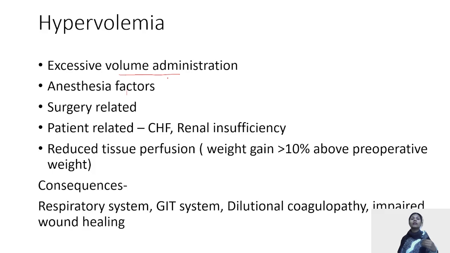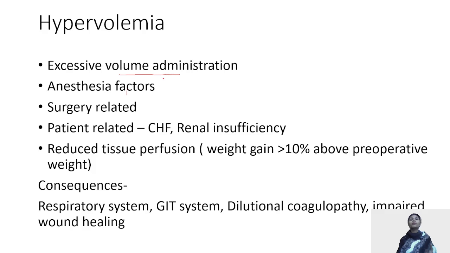But on the other hand, if the urine output is nearly negligible intraoperatively and you keep on giving fluid irrespective of the urine output or the blood loss, you can lead to hypervolemia, and hypervolemia per se has a lot of side effects.